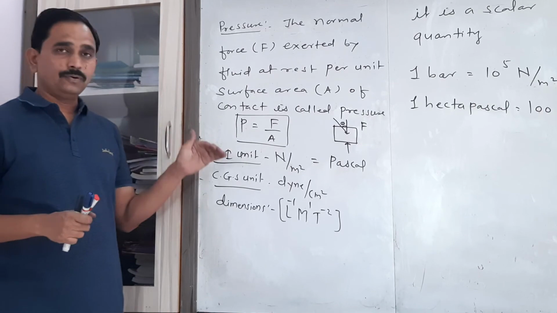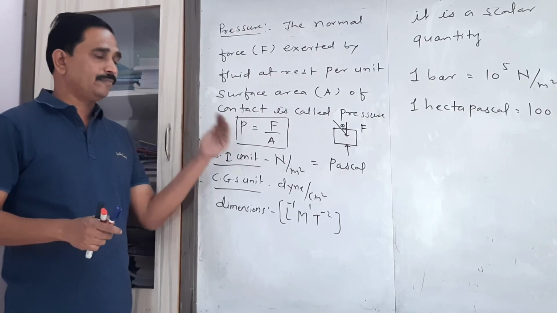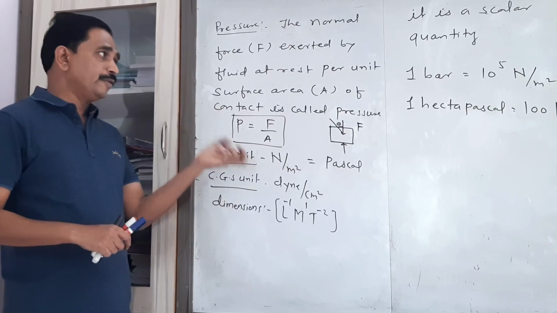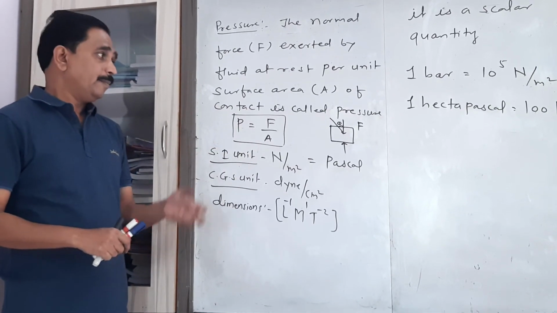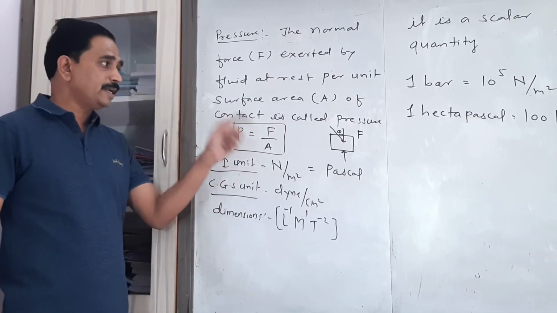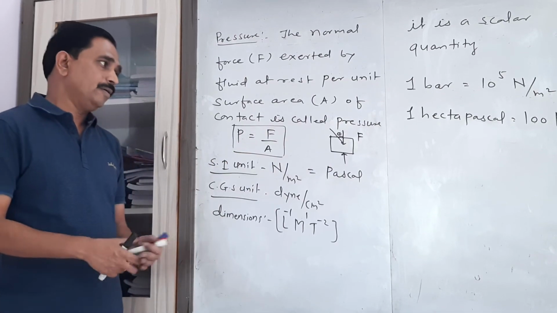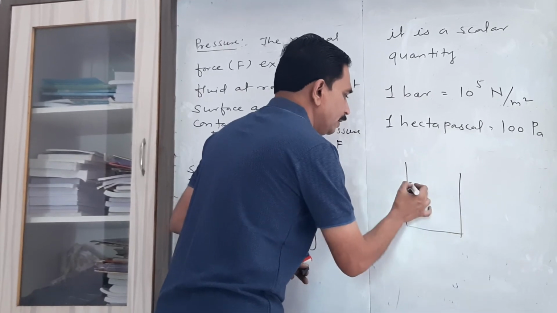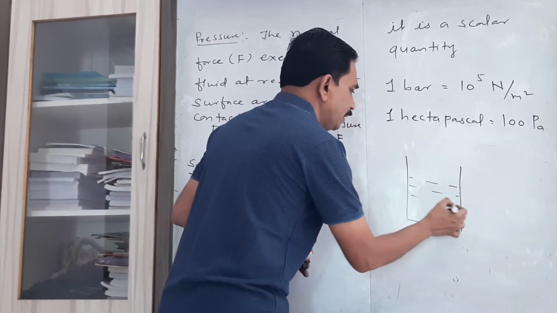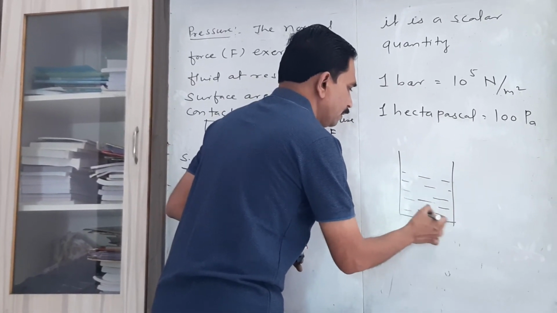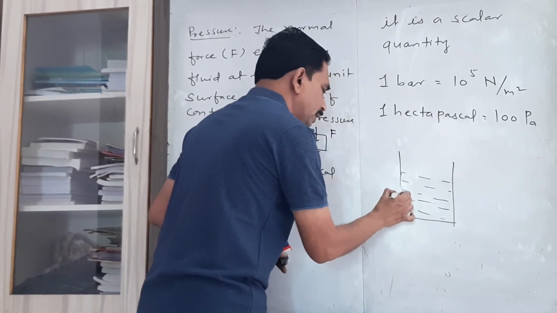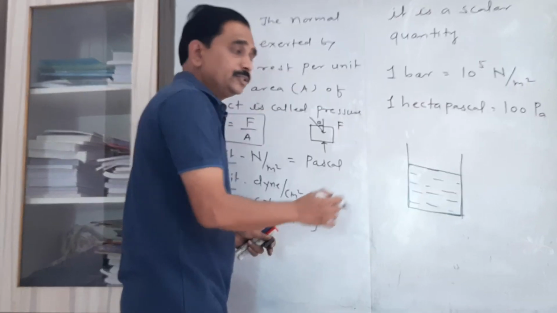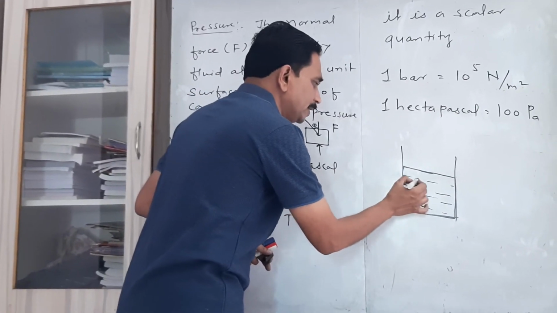So it is the normal force exerted by the fluid which is at rest on the unit surface area, but that surface area must be in contact with the fluid. If you consider the liquid which is taken in a container, whatever portion is occupied by that liquid, you have to consider only that surface area.